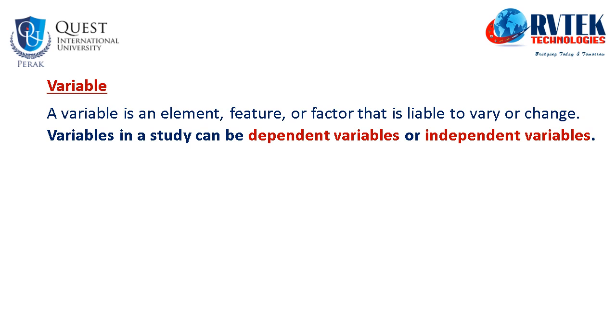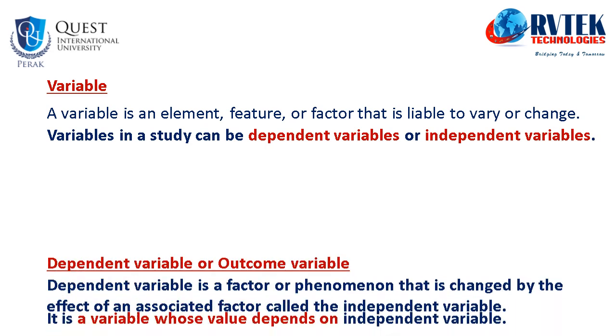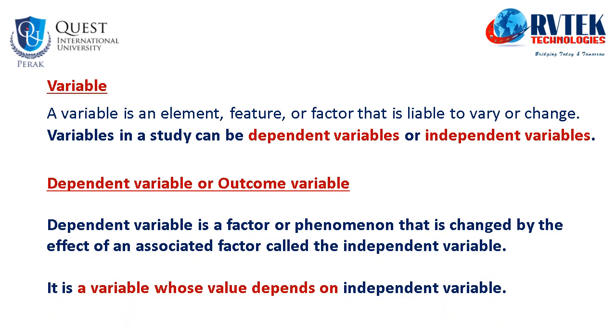Now we can see what is a variable. Variable is an element, feature or factor that is liable to change or vary. Whatever varies is a variable. Variables in a study can be classified into dependent variable or independent variable. Now we can see what is dependent variable, what is independent variable. Dependent variable is otherwise known as outcome variable.